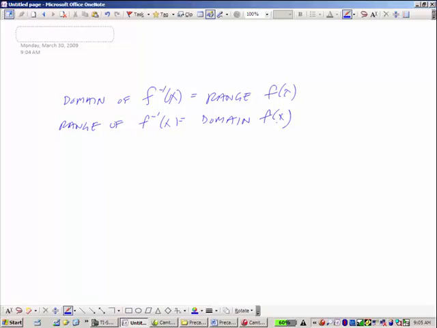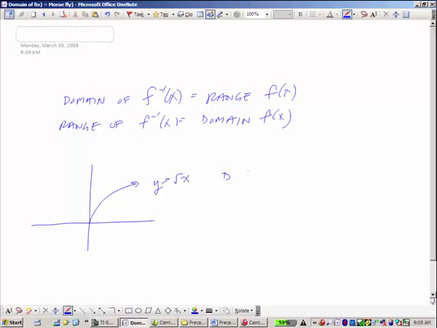All right, so just to recap, domain is the inputs. They're what you can put in, and range is the output. If we take a look at the square root function, the domain, what kind of x values can we put in?